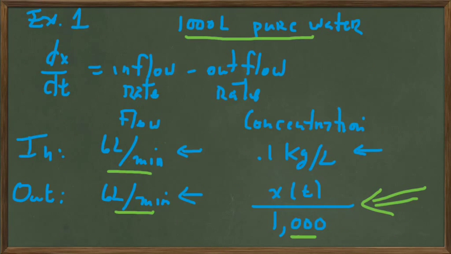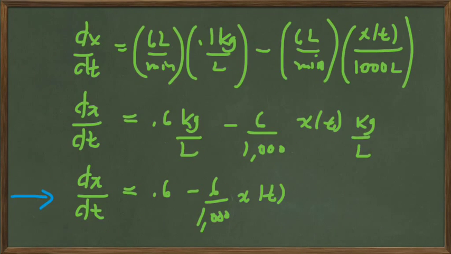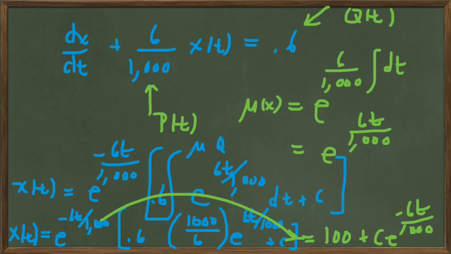So our model in all cases is the simple model dx dt equals inflow rate minus outflow rate. In the first case, that gave us dx dt was 0.6 minus 6 over 1,000 x of t, and as a differential equation, once we put it into the linear form, we got this differential equation right here.